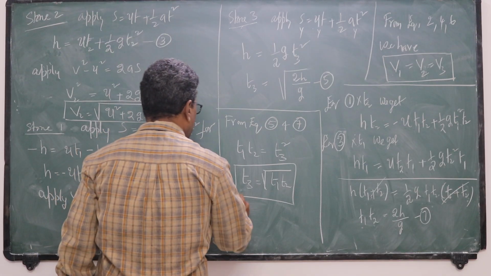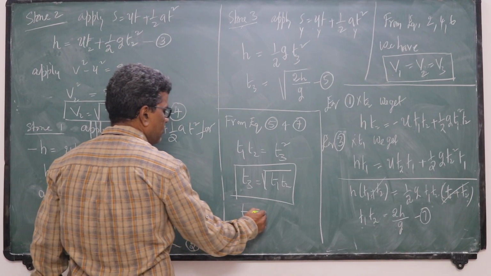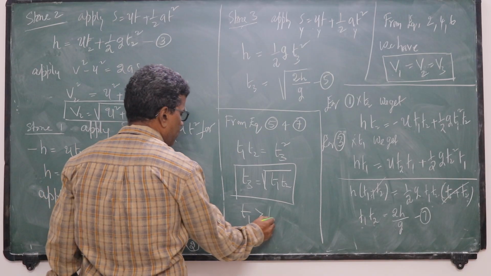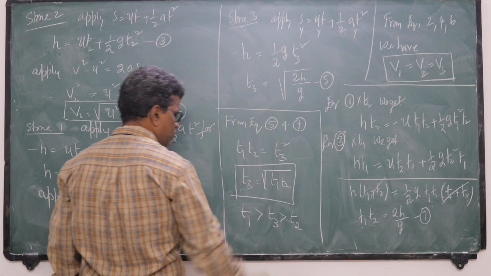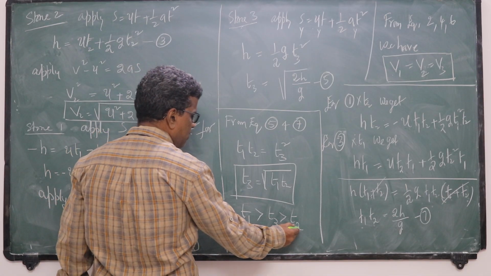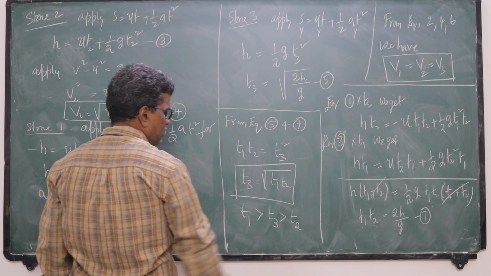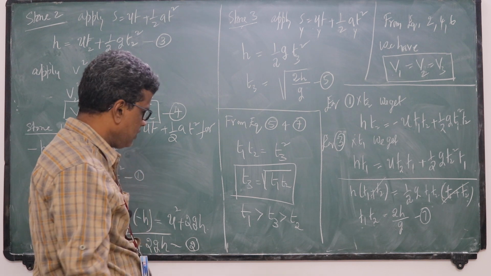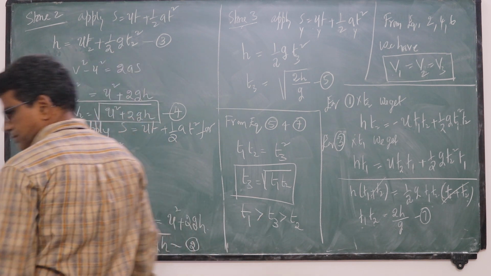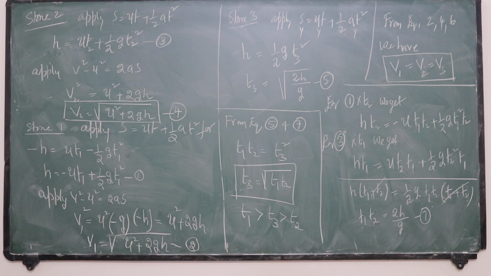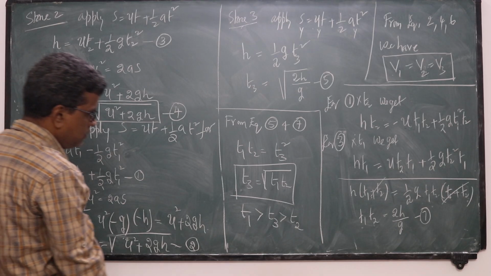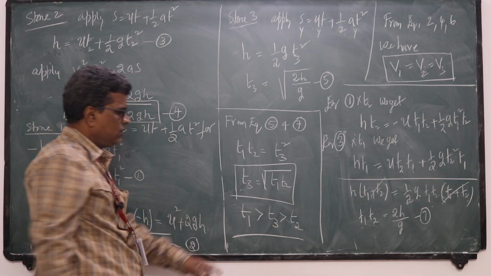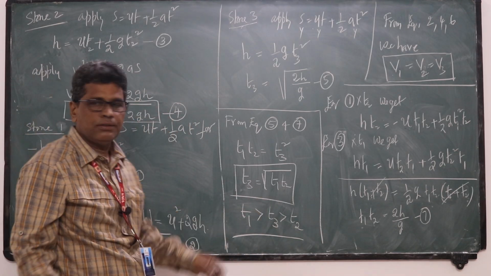So we can conclude that T1 is greater than T3 greater than T2. So which is the least time it will take? Second body. Okay. So this is a conclusion.